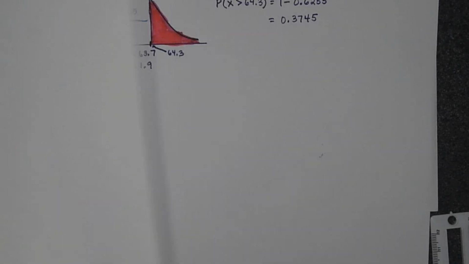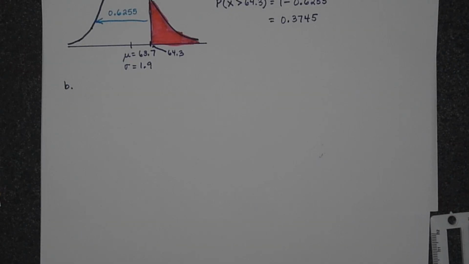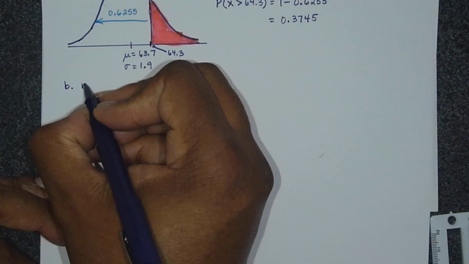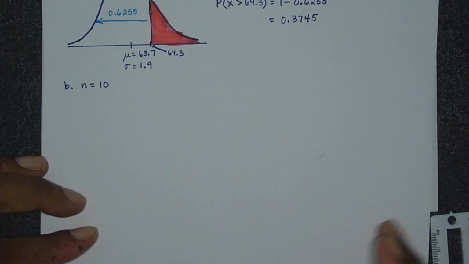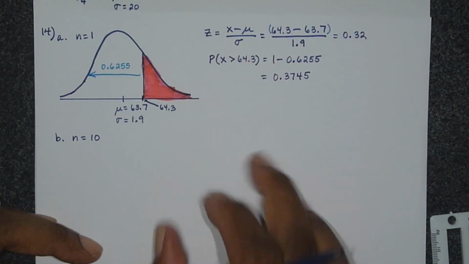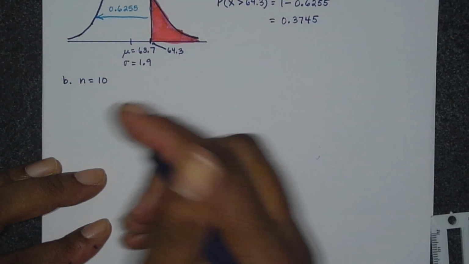Now we don't necessarily need to draw another normal curve, but we are given that n is equal to 10. So instead of using the z formula from part A, we have to use the other z formula.